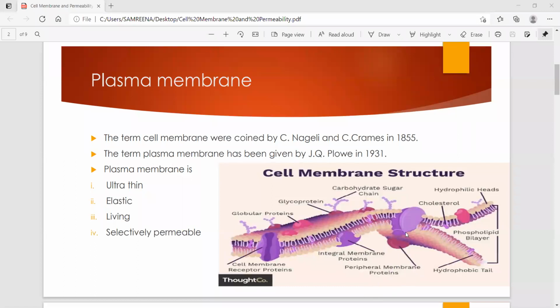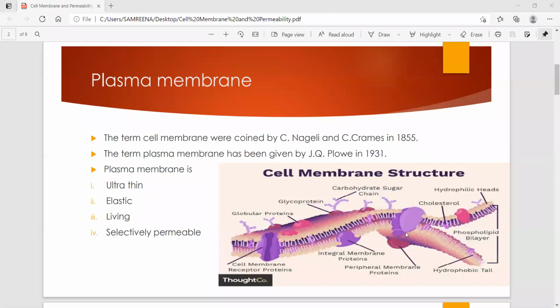The cell membrane has similar components to the membrane which encloses our organelles. The membranes that cover our organelles and the cell membrane that covers the whole cell have a similar composition.